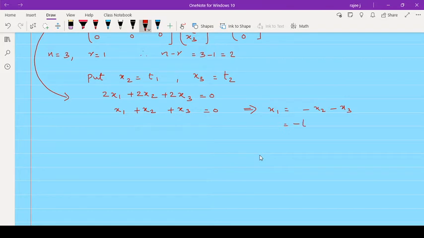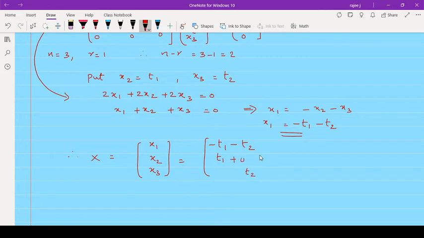So x1 is t1 plus t2. Therefore, the required vector is x equal to x1, x2, x3, which is equal to x1 minus t1 minus t2, x2 is t1, and x3 is t2.